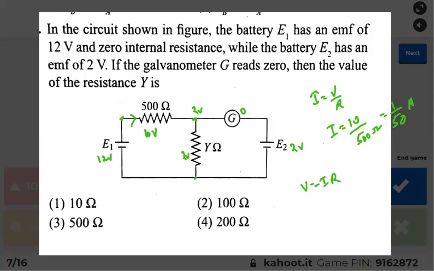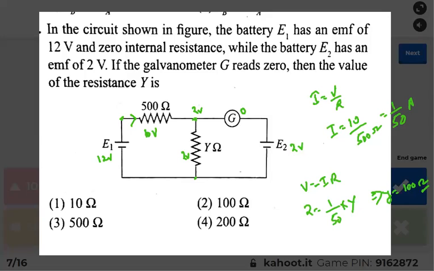Tell me what to do. Think about it. Everyone, I did not use any hi-fi concept. I just used the concept of class 10. Yes or no? Think once. Very basic concept, I only used V is equal to IR. Everyone got this? Yes, sir.